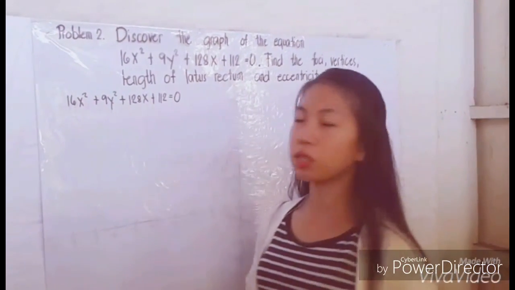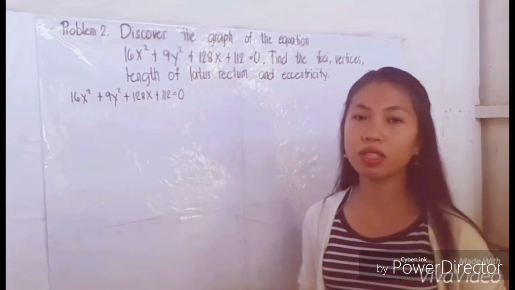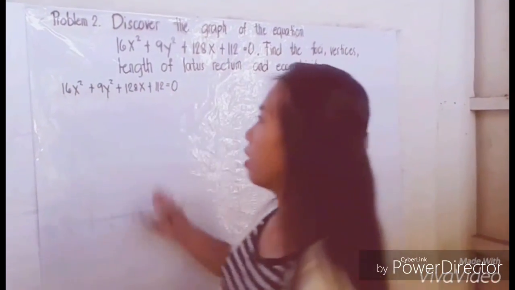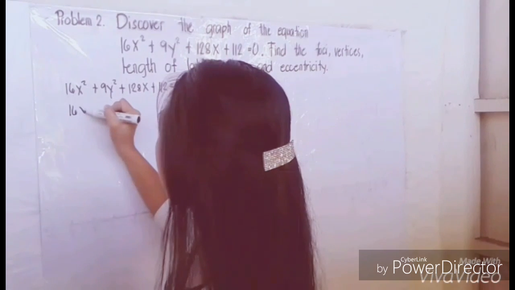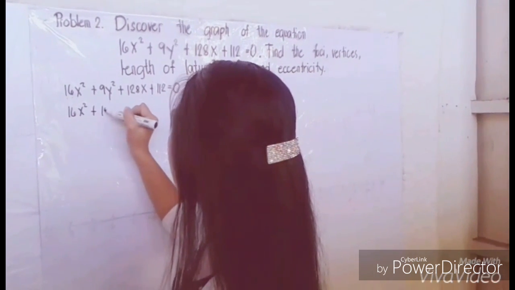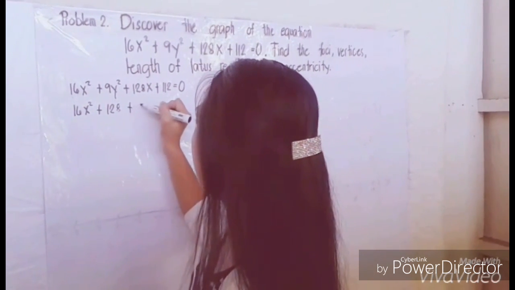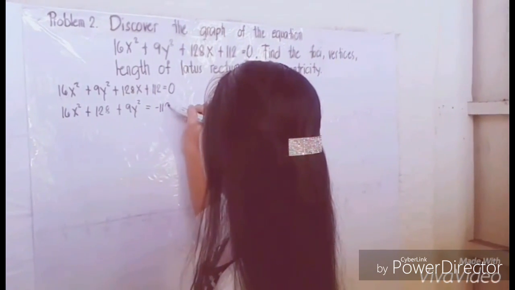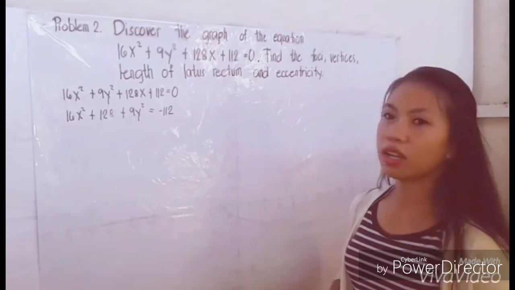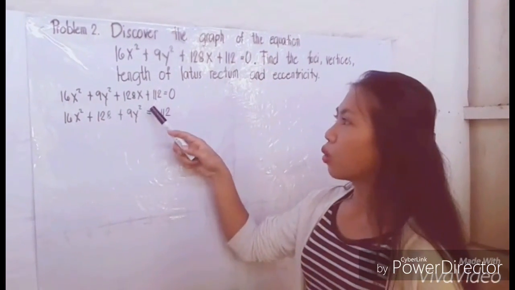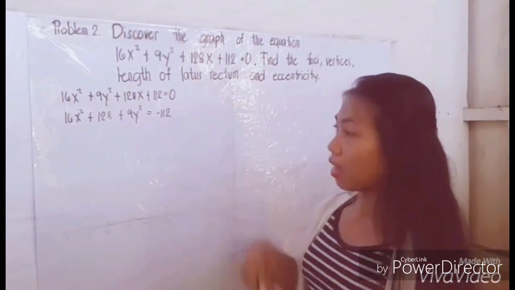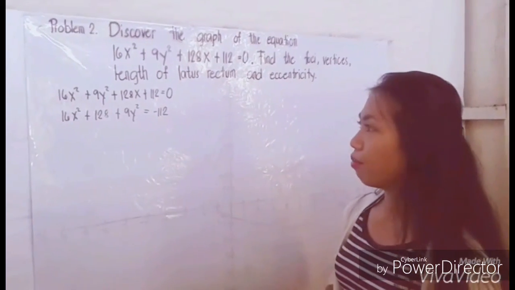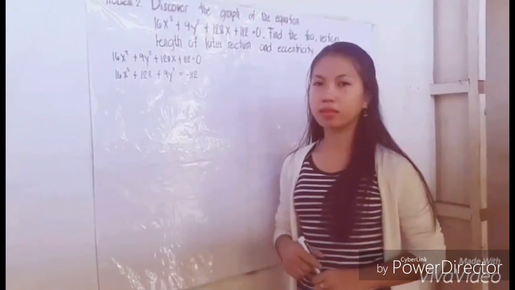First, we have to combine like terms and transpose the constant number to the right side. So we have 16x squared plus 128x plus 9y squared is equal to negative 112. Since your constant number here is positive, when you transpose it to the right side, we have the negative sign.